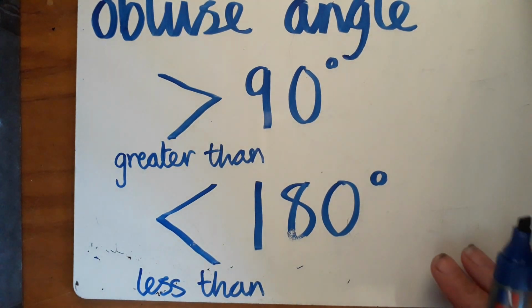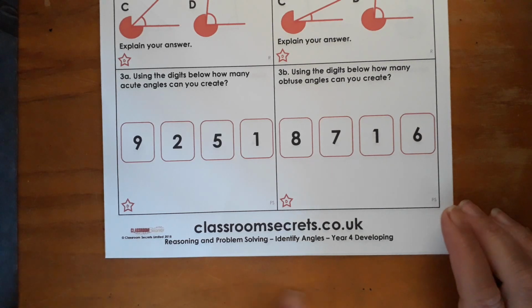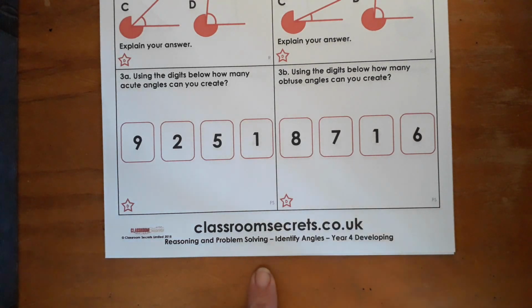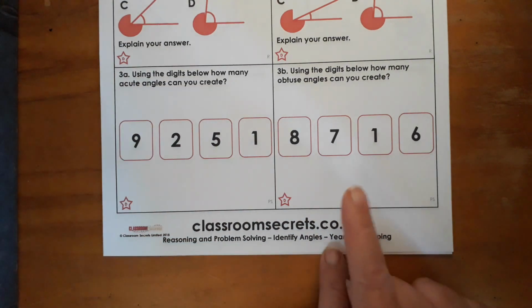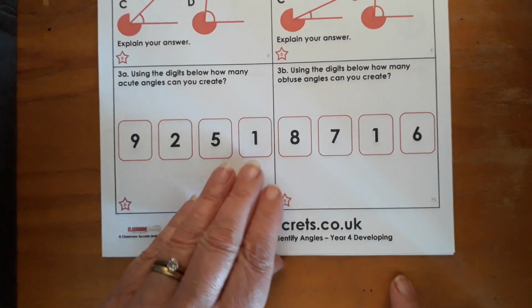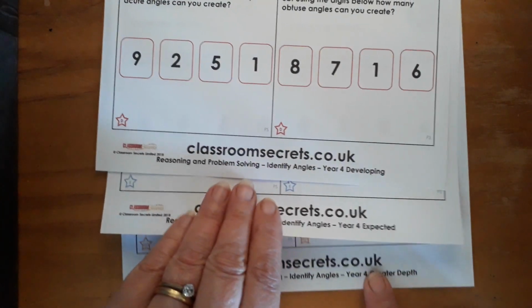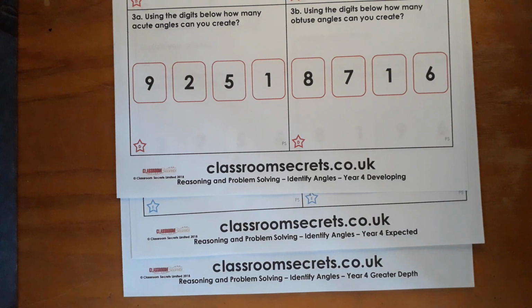All right, so just a quick look at the sheets from today. Our sheets are the classroom secret ones. They're the reasoning and problem solving ones. You'll see that there's a cover sheet which you ignore on the PDF, and then you've got the developing, expected and greater depth.